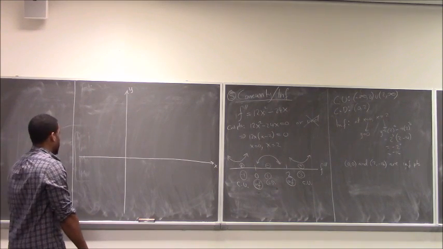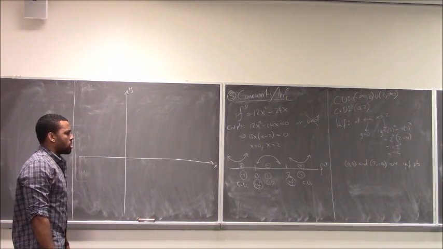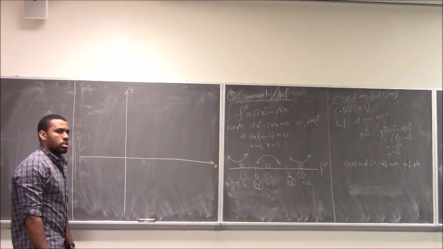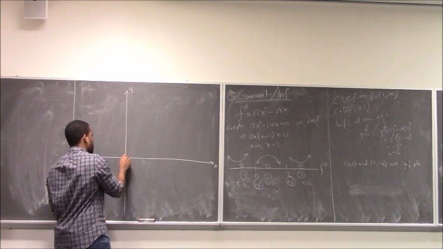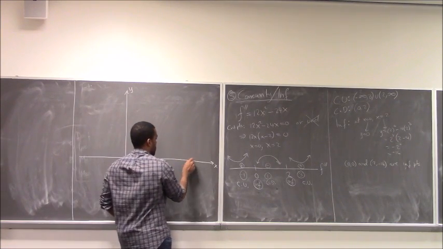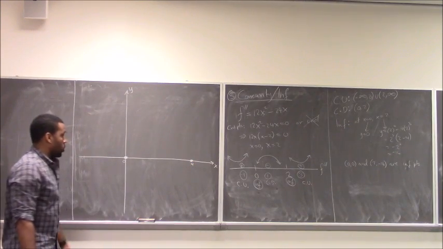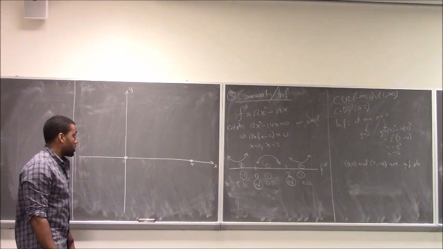So, what do we know? Domain is everything, so that's okay. What were our x-intercepts? 0 and 4. So we plot those, 0 and 4. The y-intercept was just 0. There will only be one y-intercept because it's a function.